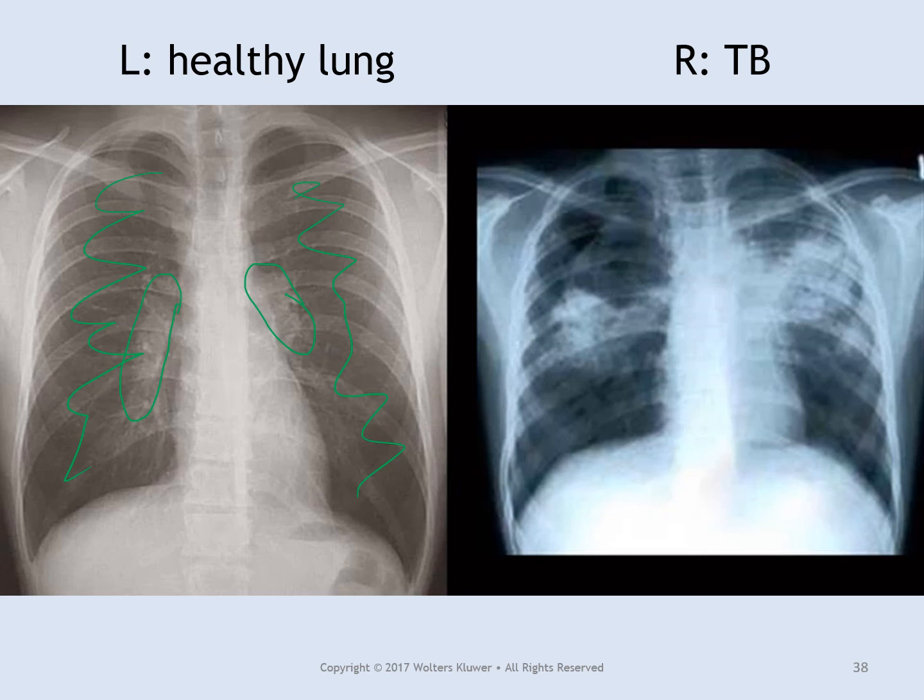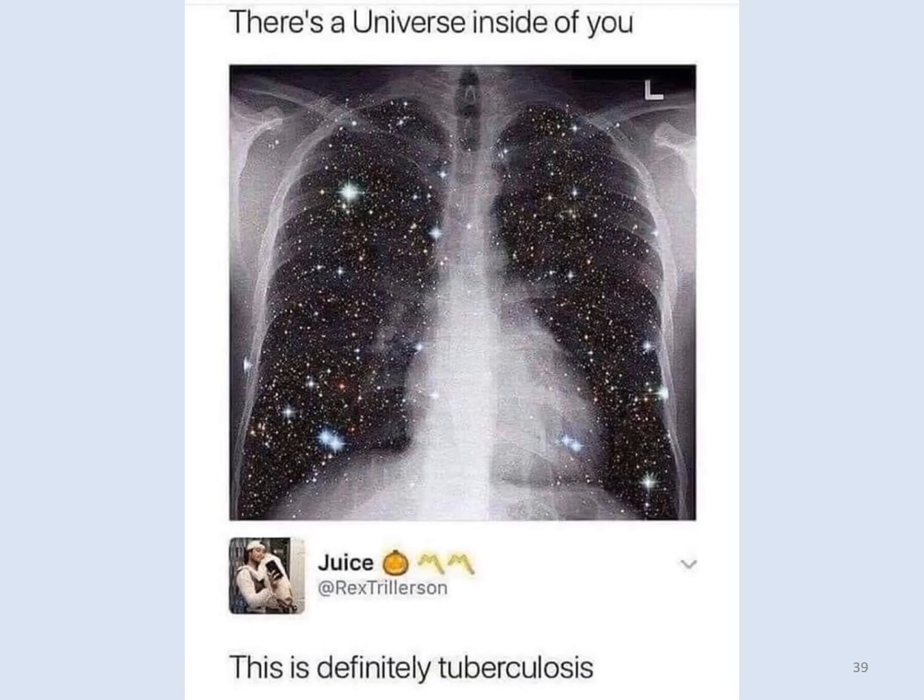On the right over here, we see a bit of a hot mess. We see all of this right here. Here's this going up into here. That's bad. You also see a lot more cloudy, a lot more opaque than we see on the other X-ray. This person has an active TB infection. Hopefully they're taking their drugs properly.